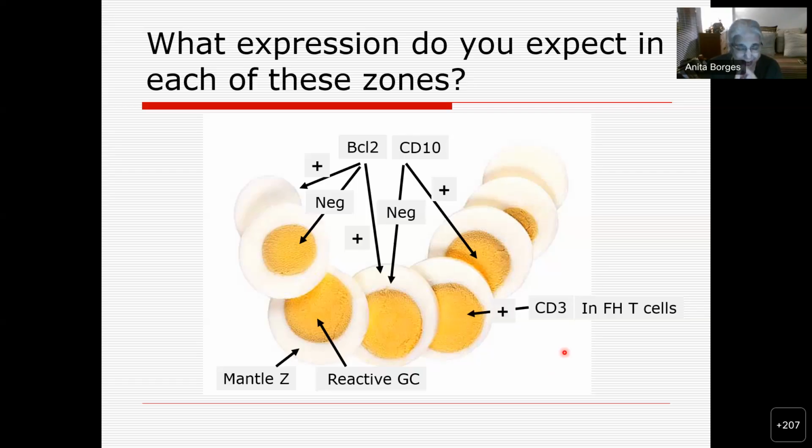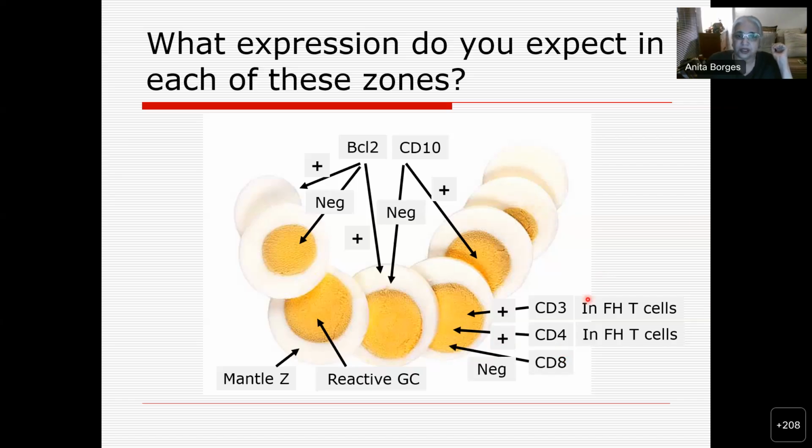It is never completely negative. Okay. What about CD4? Sprinkling. Focal. Same thing. It is positive in the follicular helper T cells. Yes. What about CD8? What should it be like? Negative. Excellent. Very good.